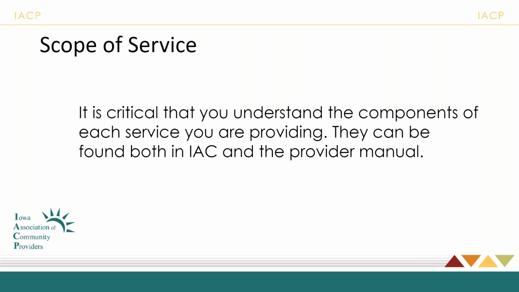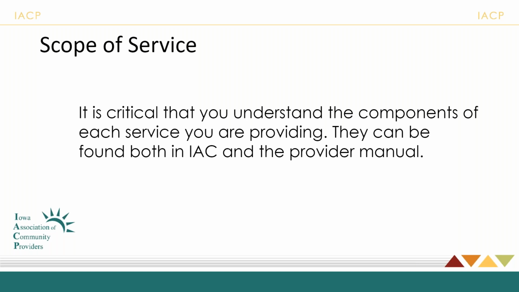Many of our staff are providing multiple services, so it's important that they know the difference between if I'm providing, for instance, supported community living under the ID waiver versus home-based habilitation under habilitation services. Those services are very, very similar in the service components, but they have some very important differences.